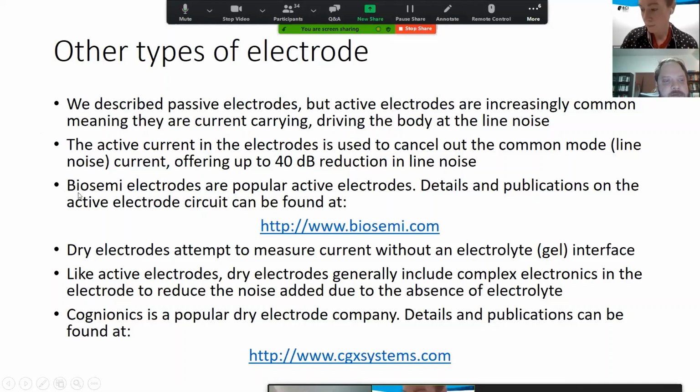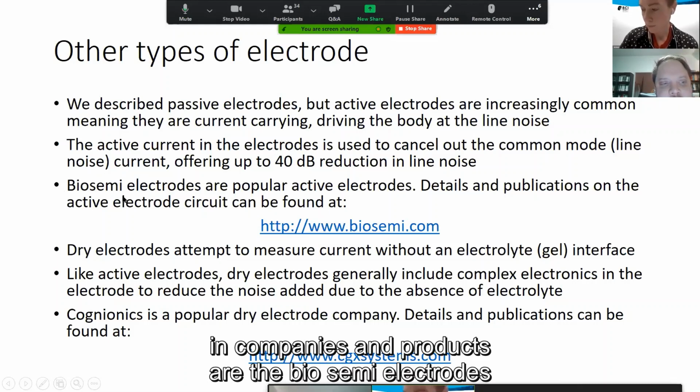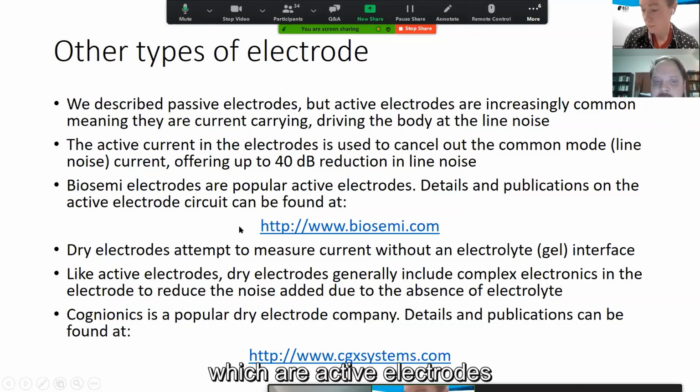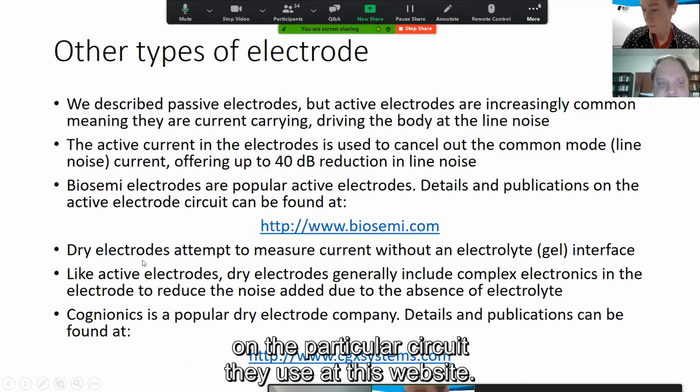One of the most popular companies and products are the BioSemi electrodes, which are active electrodes, and you can find their publications on the particular circuits they use at this website.